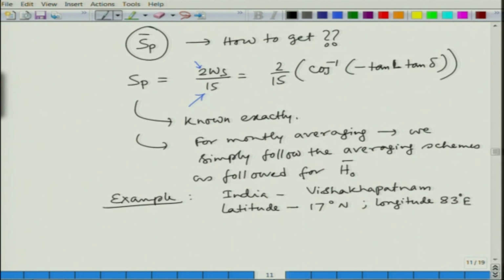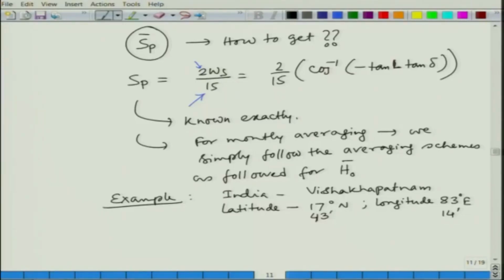Actually, this is 17 degree 43 minute and this is 83 degree 14 minute. These are the latitude and longitude of that location Visakhapatnam.